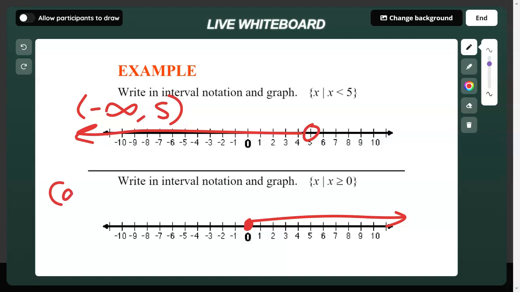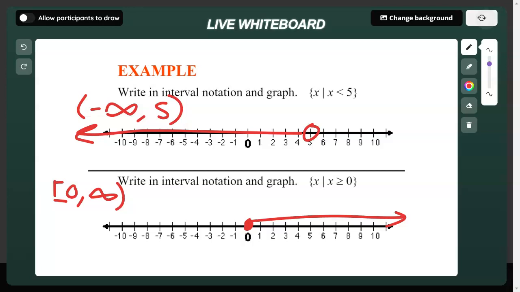Bracket 0, comma, infinity. Infinity always has the parentheses. So that's our standard unbounded interval notation and graph of the inequality.